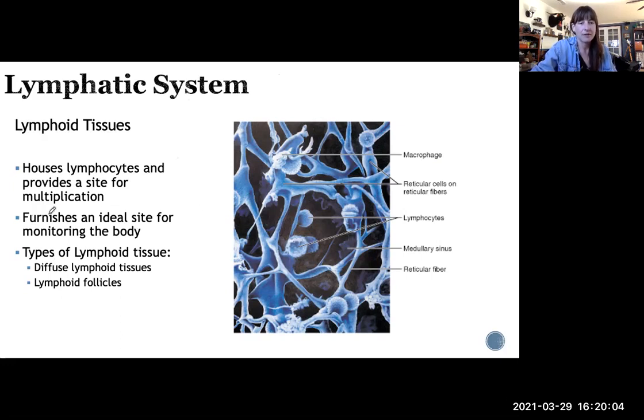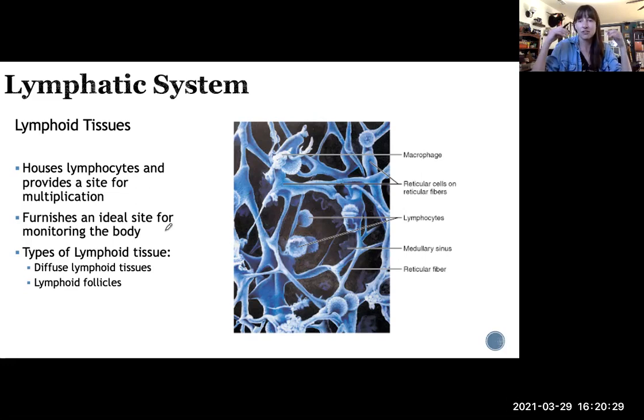So you've got an ideal situation for monitoring the entire body. So it's really, really important that the places where your immune system lives are not just localized in one place, because what happens if you have an injury on the other side of your body? Your lymphatic system is spread out over your entire body so that this doesn't happen.